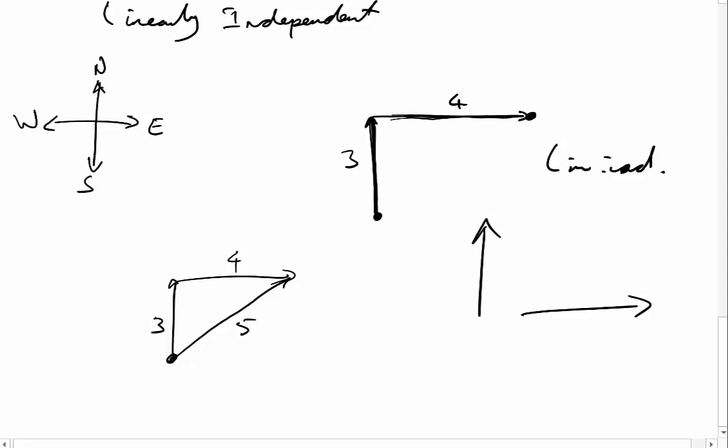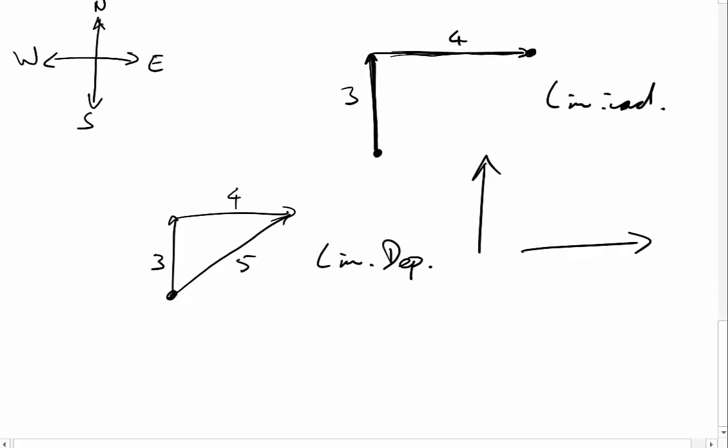But now this system, because you've added the information that it's 5 miles northeast, is what's known as linearly dependent. Why? Because look at this 5 miles northeast vector. This is the crucial part. The 5 miles northeast vector is the vector that makes the system linearly dependent. Here you had two vectors, one going 3 miles north, one going 4 miles east, linearly independent of each other because they couldn't be broken up into parts of each other.